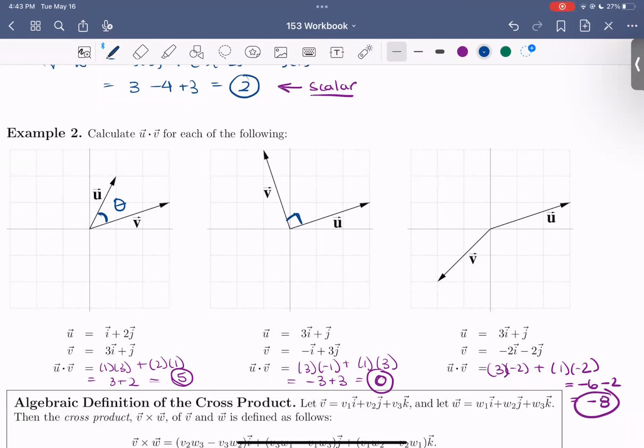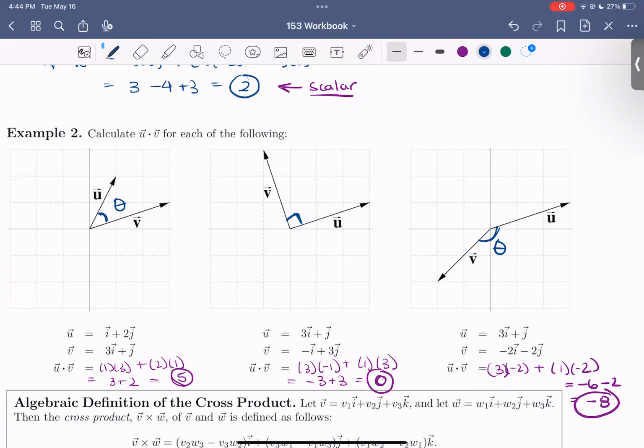And then here between u and v, we have an angle theta that would be an obtuse angle. So notice that our angles vary: acute, right, obtuse, and our numbers of the dot product vary: 5, a positive number, 0, and negative 8, a negative number. So it turns out that the sign and value of a number corresponds to the angle between the two vectors, u and v.